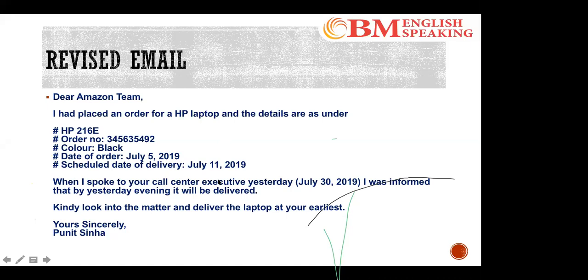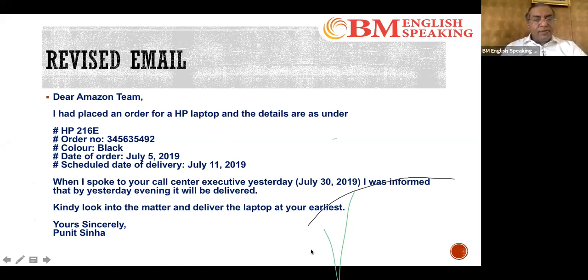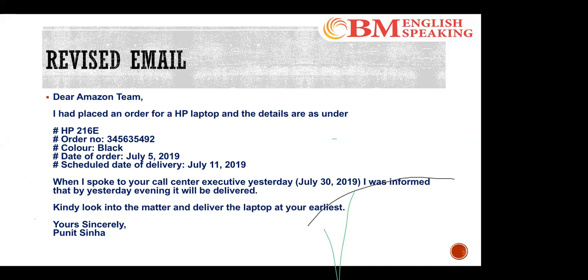Yeah. All right. So just a quick note on that. See the last line which talks about the call to action to look into the matter and deliver the laptop at the earliest. I usually refrain from using statements like at the earliest, at your convenience, as soon as possible, because they do not give any timeline.